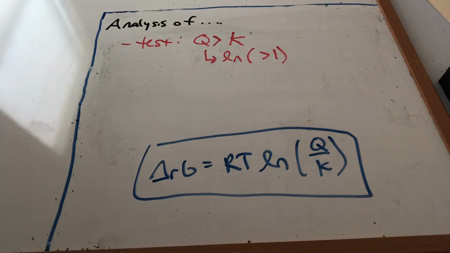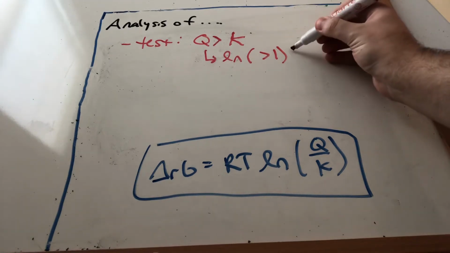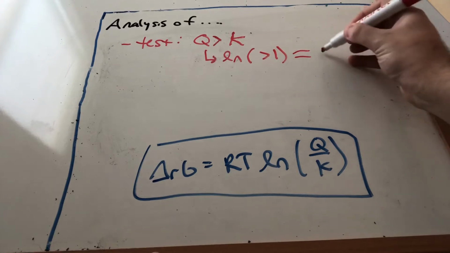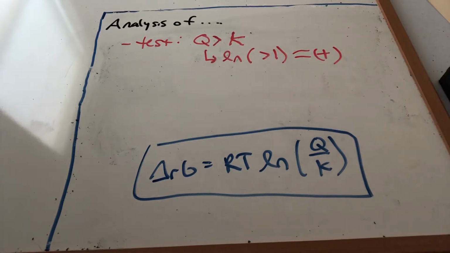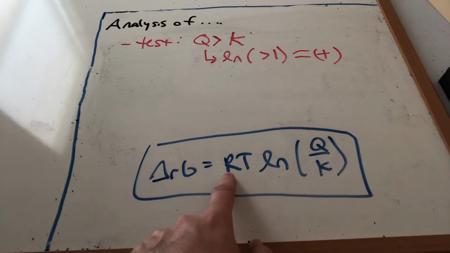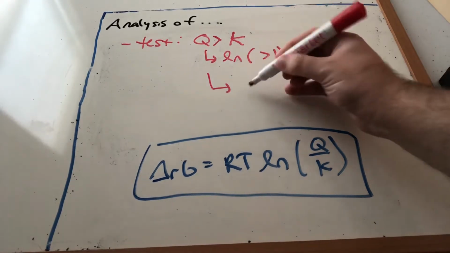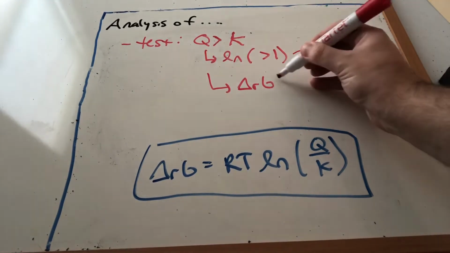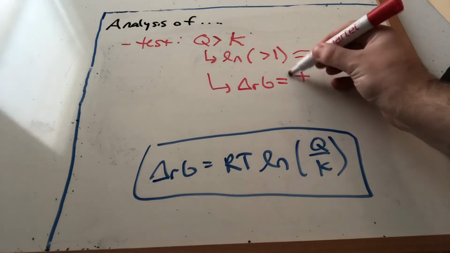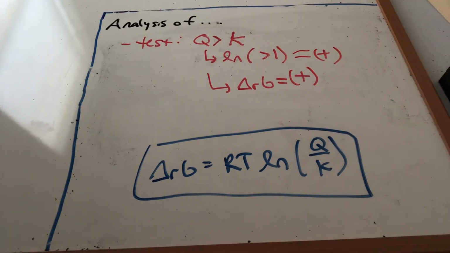So when the argument of the natural log is greater than 1, what we end up with is a positive natural log. We get a positive value out. So this term is positive. R is always positive. T is always positive. So what we get out is a delta reaction G that is itself positive.